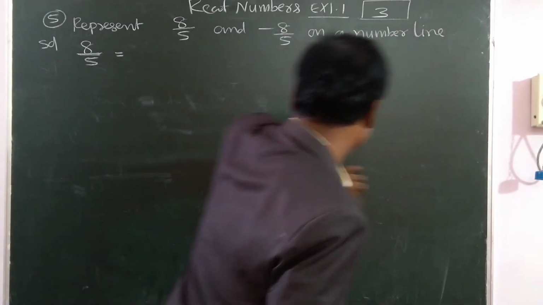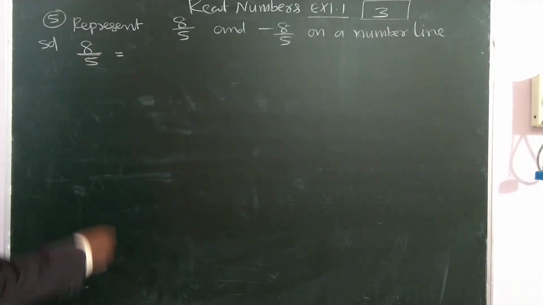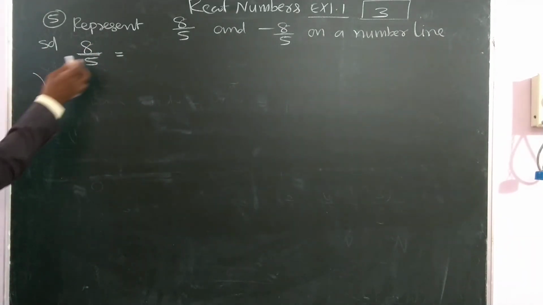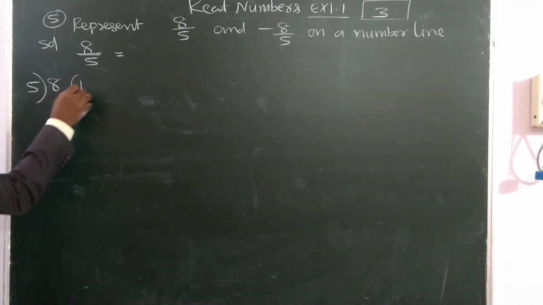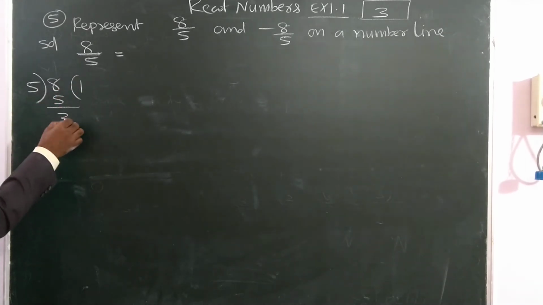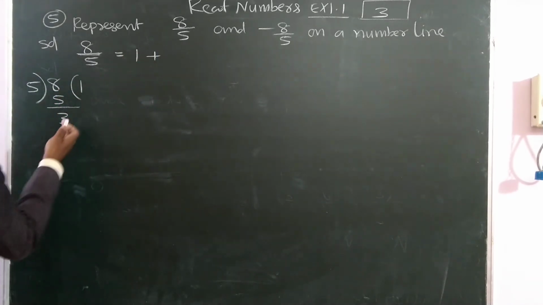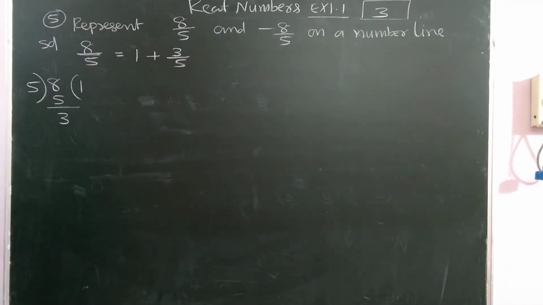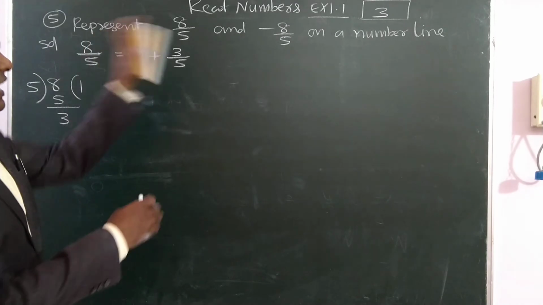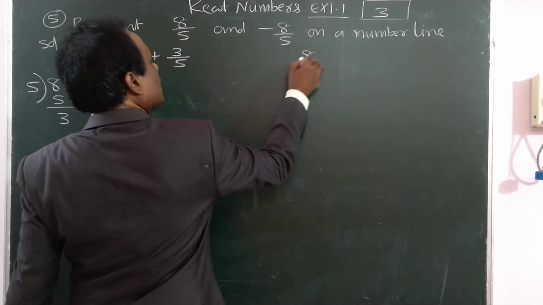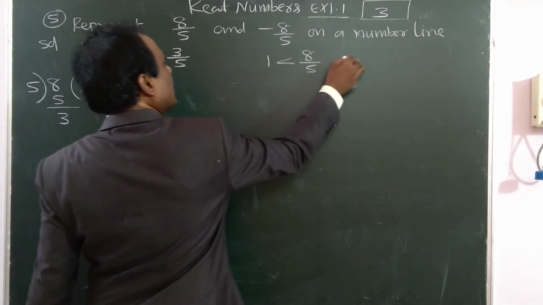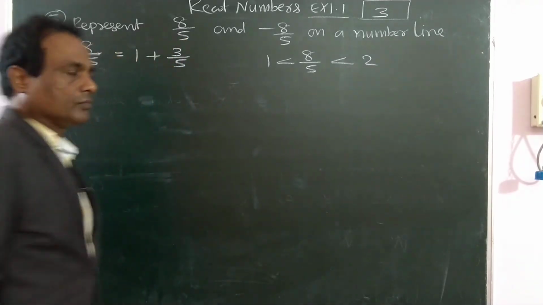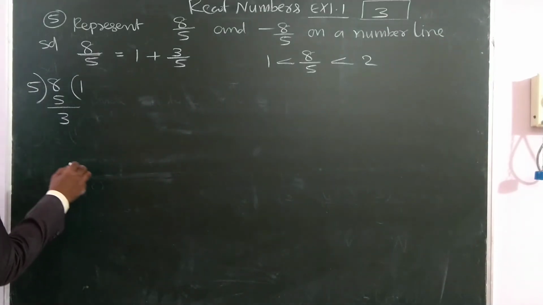The numerator is greater, so we have to divide. 8 divided by 5: 5 ones are 5, remainder 3. So 8 by 5 can be written as quotient plus remainder by divisor: 1 plus 3 by 5. 1 plus something means it is greater than 1. So 8 by 5 is definitely greater than 1 and less than 2.